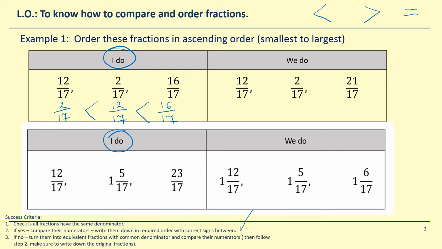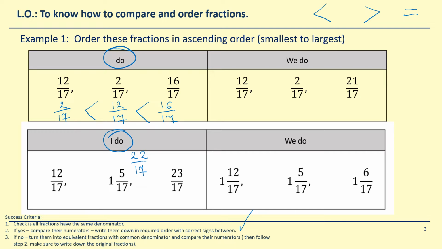In here, we've got a mixed number as well. I think I will just turn it first into an improper fraction. 1 times 17 is 17, plus 5 is 22 over 17. So now I've got all fractions with the denominator of 17 and I can compare them.